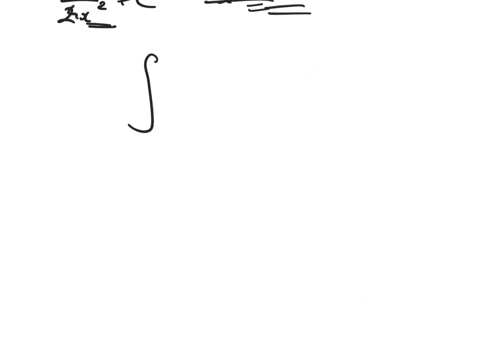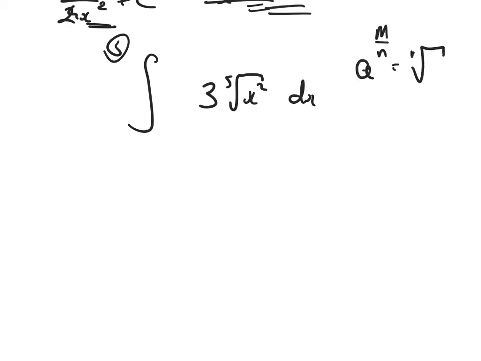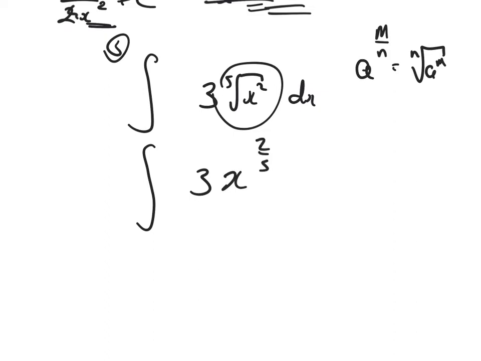Okay, example 5, we're going to integrate 3 lots of the 5th root of x squared. So I'm now using the rule a to the power m over n is equal to the nth root of a to the power m to change this to 3 lots of x to the 2/5. It's now in a position for me to integrate.